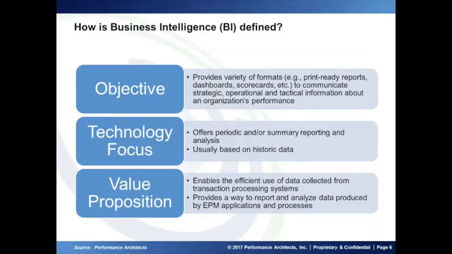And this information, from a technology-focused perspective, is typically based on historical data. So you can imagine we're capturing information in an ERP system and presenting that up. A specific example might be taking information from an e-business suite general ledger and producing an operational report for accounting, or taking out of the general ledger sort of strategic high-level P&L information about a company's performance.